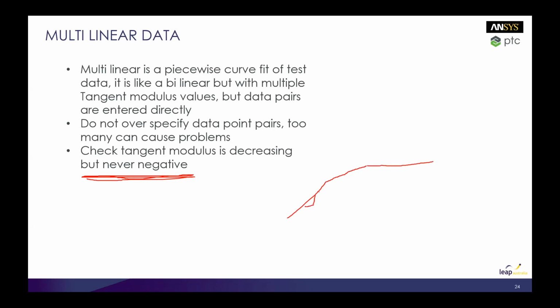If they increase, that's a strain softening material, and you don't usually encounter that with metals. Don't specify too many data point pairs, because you can wind up with a discontinuity in the slopes where it sort of goes like that. You just need enough points to capture the curvature of your real property curve.